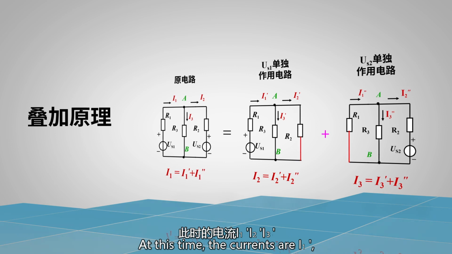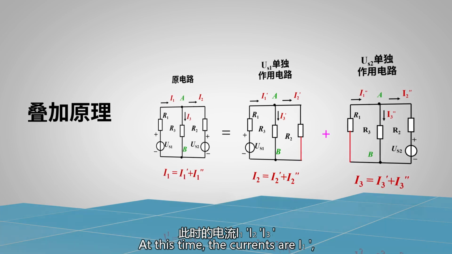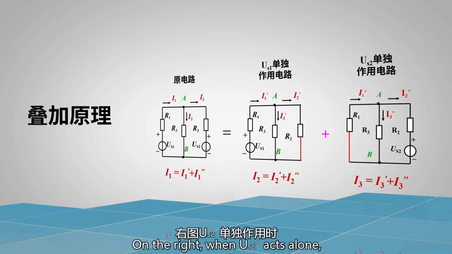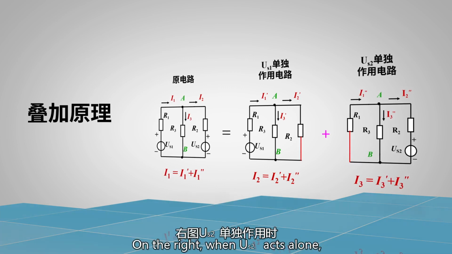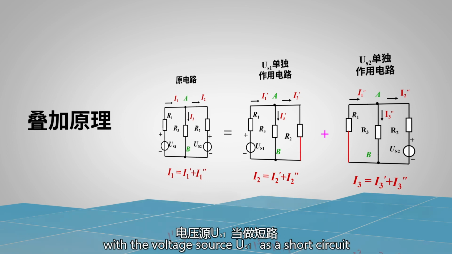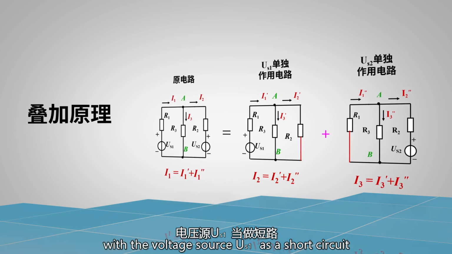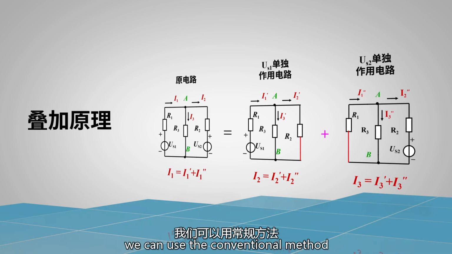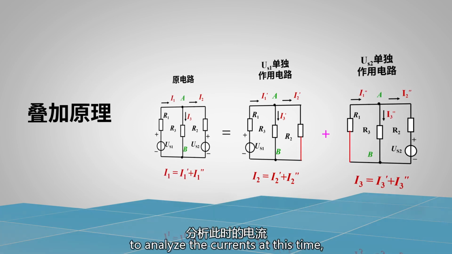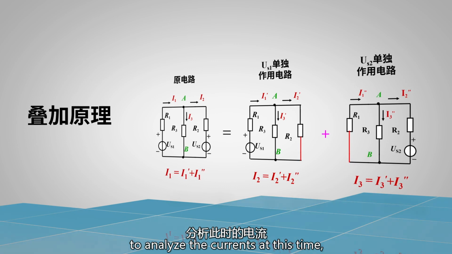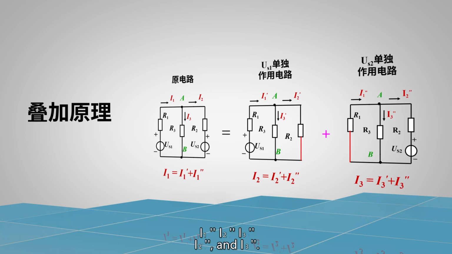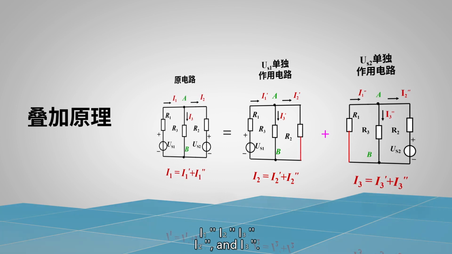At this time, the currents are I1', I2', and I3'. On the right, when US2 acts alone, with the voltage source US1 as a short circuit, and the original position replaced by a wire, we can use the conventional method to analyze the currents at this time, which are I1'', I2'', and I3''.